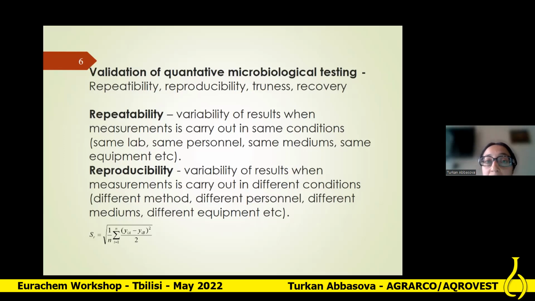It is the variability of the test results, and we estimate repeatability and the standard deviations of the repeatability. Reproducibility is the variability of results when measurements are carried out under different conditions: different method, different personnel, different media, different equipment.